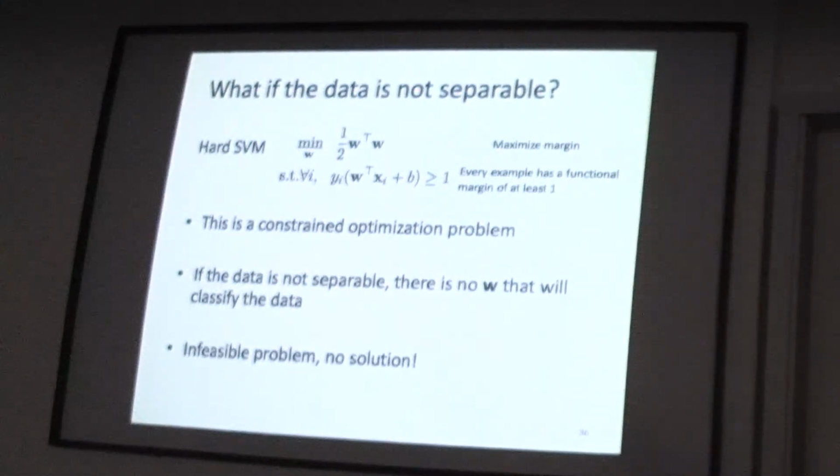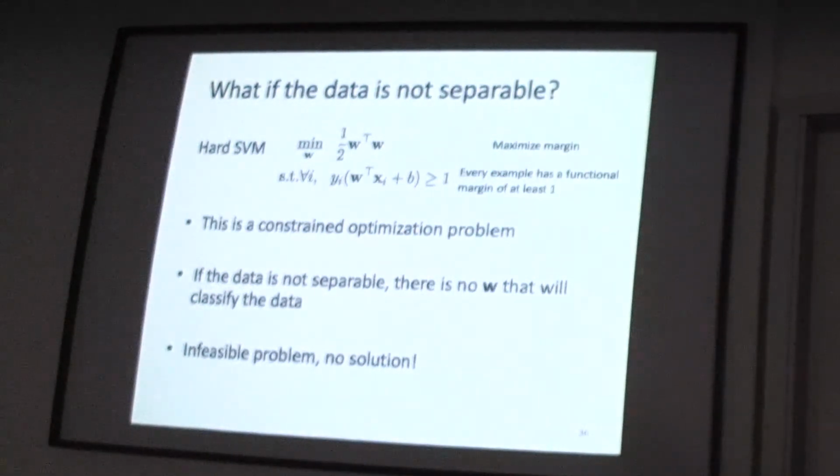If you require that for all the examples this function margin is positive, what does that mean? It means we must correctly predict that example. When it comes to the decision score, non-negative means that we correctly predict that example.